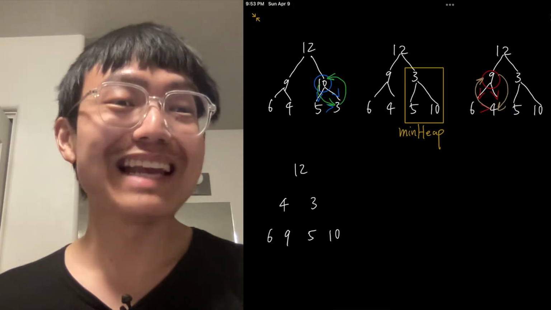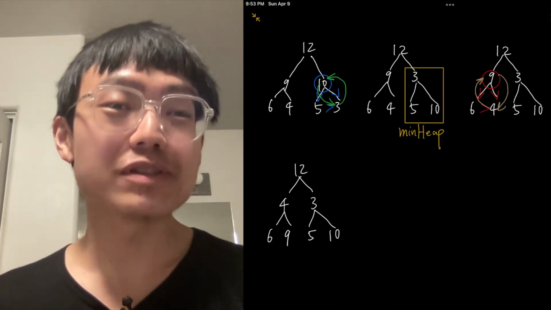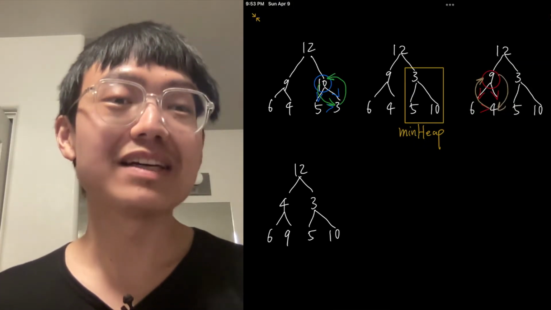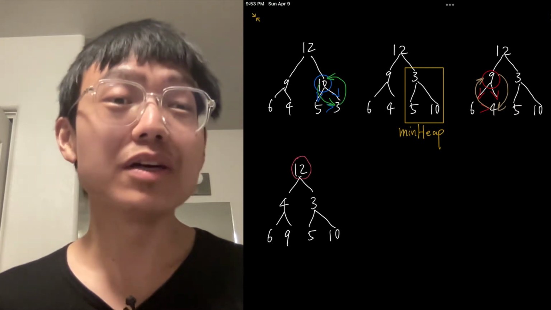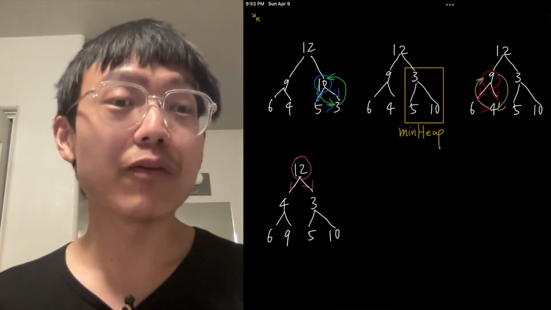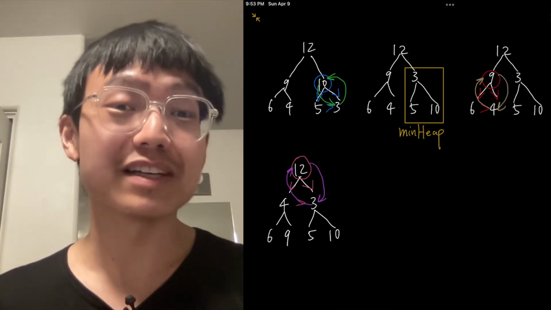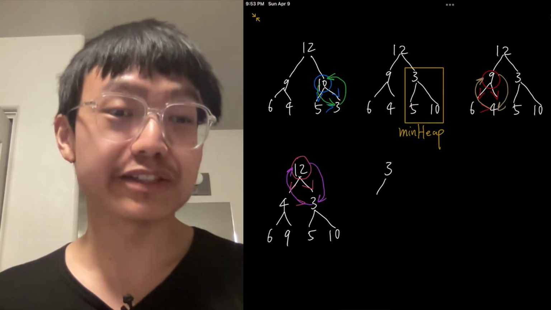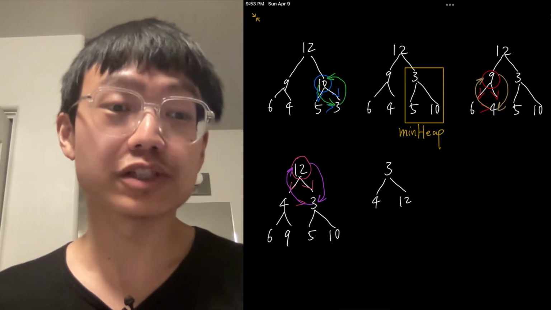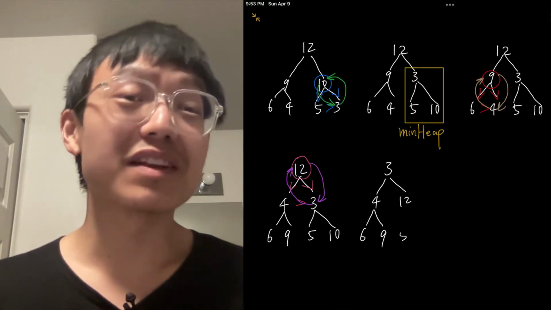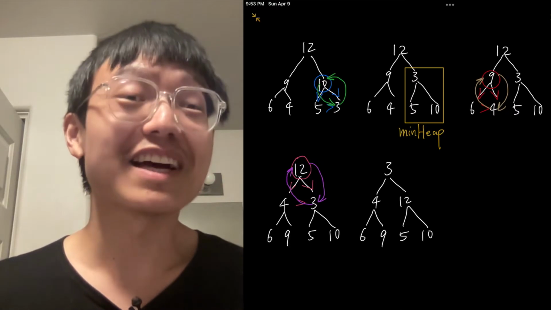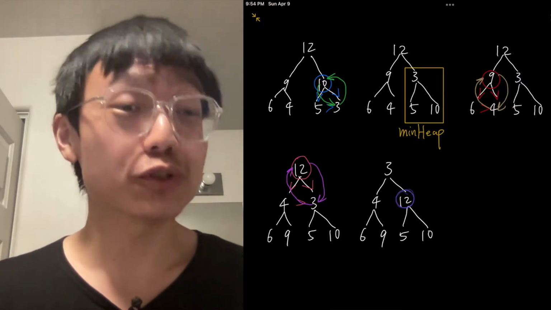Now we can move to the level above. Let's look at the nodes in it. Here, the 12 is larger than both of its children, so what should we do? Now all we have to do is to take 12 and swap it with its smallest child node, and after we exchange the 12 and its smallest child, now when you look at this 12, it's still larger than its two children, so what should we do?